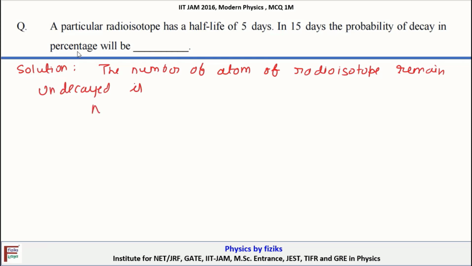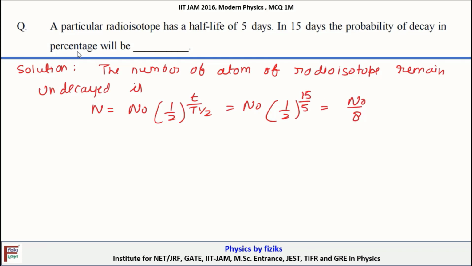is N equals N naught (1 by 2) to the power t by t half, that is N naught (1 by 2) to the power 15 by 5, that is N naught by 8, equals 12.5%.